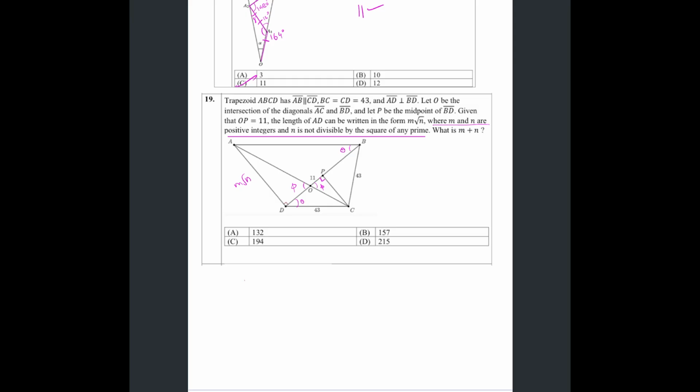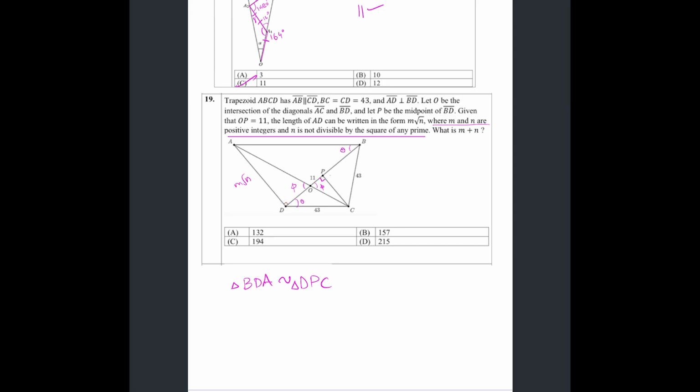So I can say that triangle BDA is similar to triangle DPC, right? Okay, because two angles are equal, right? This is 90, this is 90, and these two are 90.